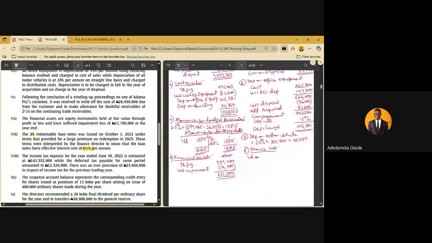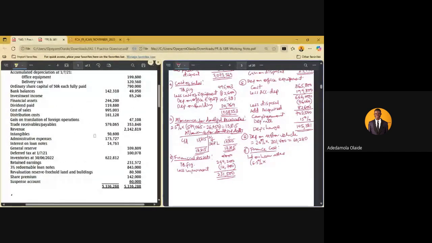interest on loan notes will be 6.5% of. So we'll come back to the SOPL to check our loan notes. We have 3% redeemable loan notes, 843,000.